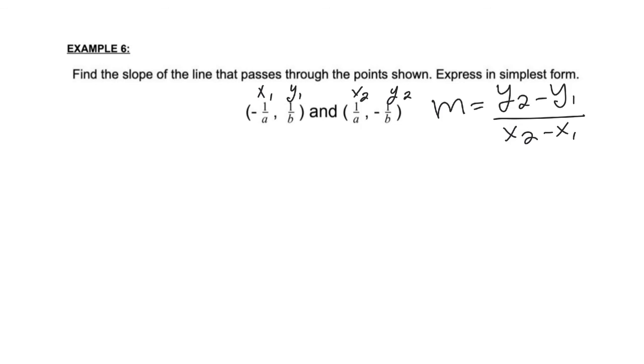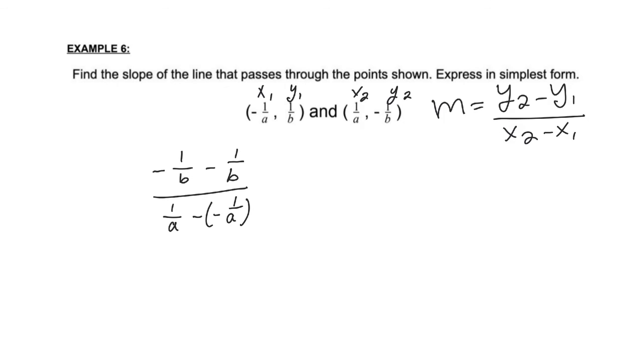But it ends up being just like a simple simplification problem. So what we can do is do our y2, so negative 1 over b, minus our y1, so minus 1 over b, and then our x2, which is 1 over a, minus our x1, which is negative 1 over a.